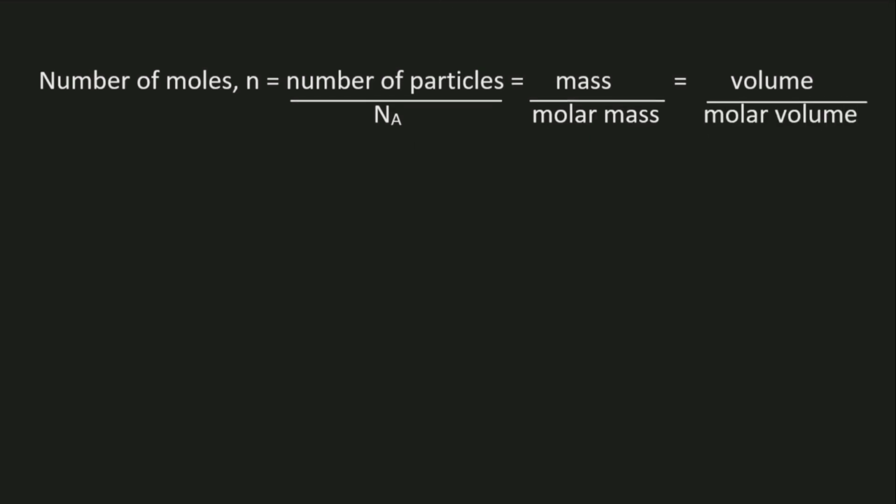Now, if we are given any of these variables, we can find the other using this relationship. For example, if we are given the mass and we are required to find the volume of a substance, we can use the relationship the mass over the molar mass of the substance is the volume over the molar volume of the substance. Let's try some calculations.